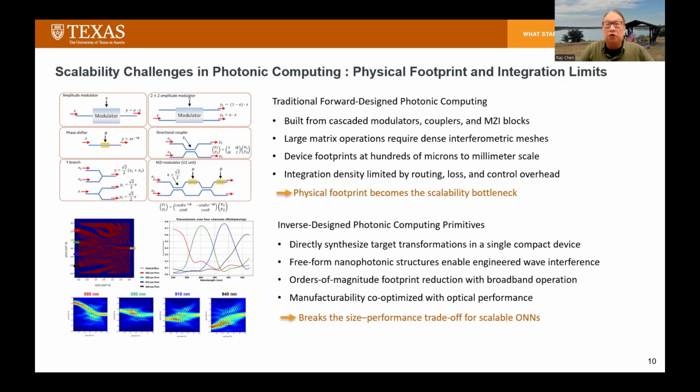In this framework, manufacturability is co-optimized together with the optical performance, which makes the resulting devices practical for fabrication and also paves the way to a scalable optical neural network. As you can tell in the left bottom panel, we have a very small 4-channel WDM.